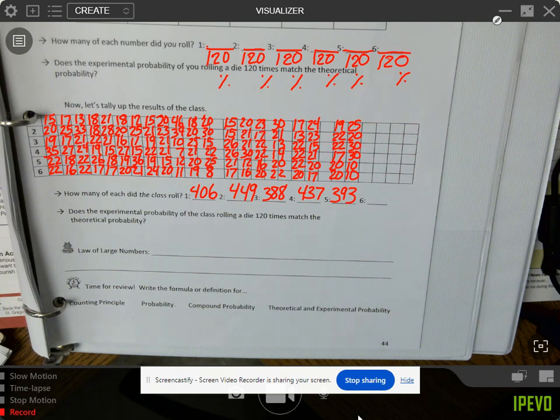I have you guys doing it just in case I put something in wrong. So I truly want us double checking everybody's work.